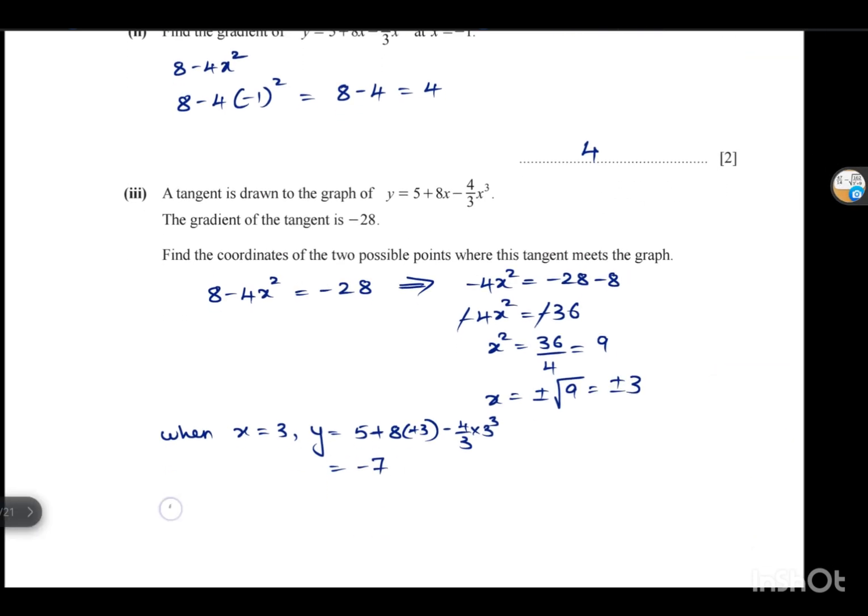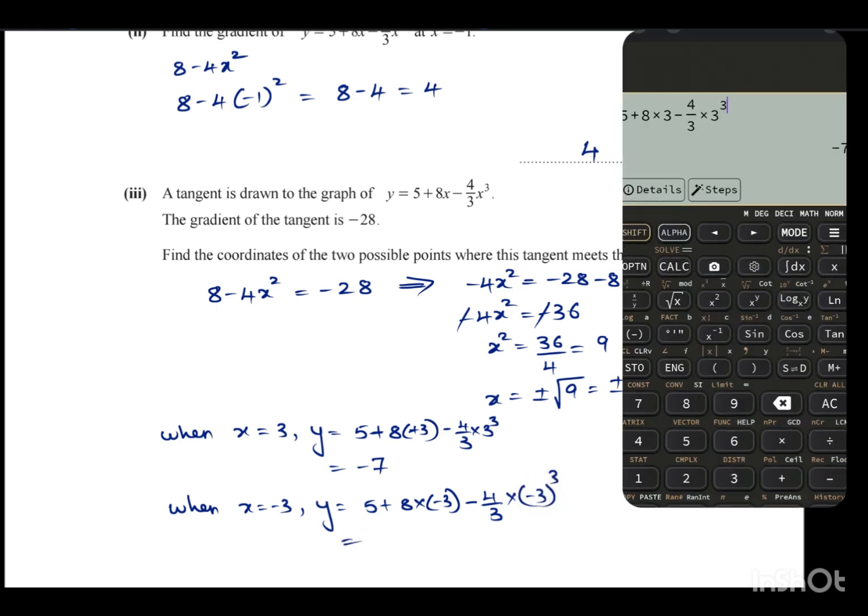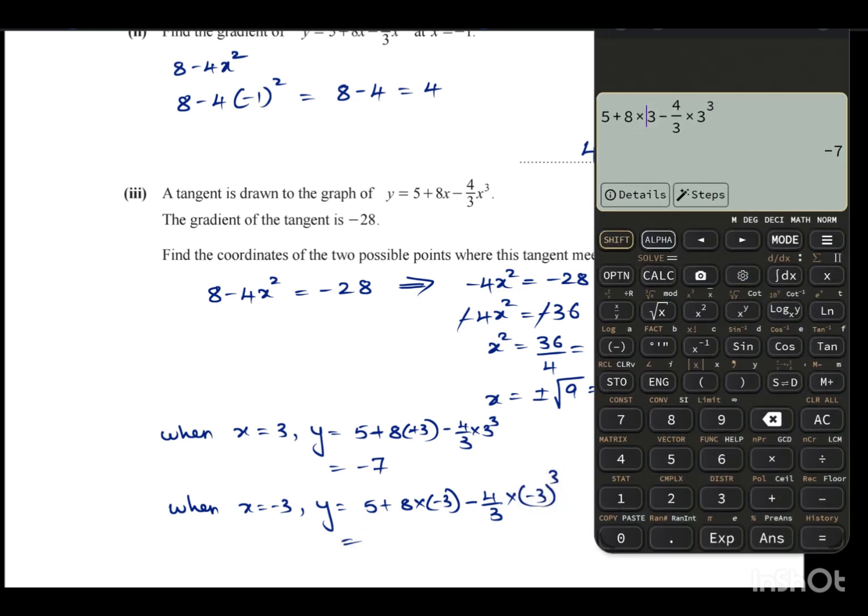Then when x is equal to minus 3, y will be 5 plus 8 into minus 3 minus 4 by 3 into minus 3 whole cube. So just change the signs here, putting the brackets. Don't erase everything, it will be easier for you.